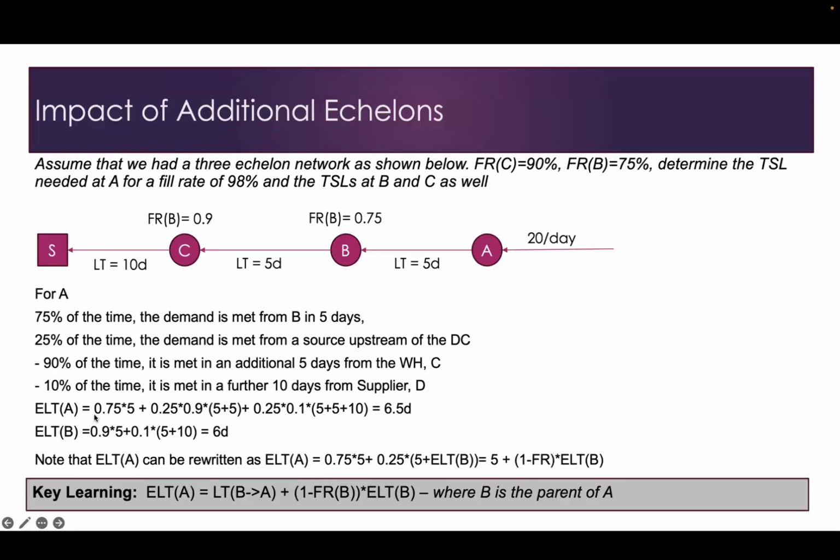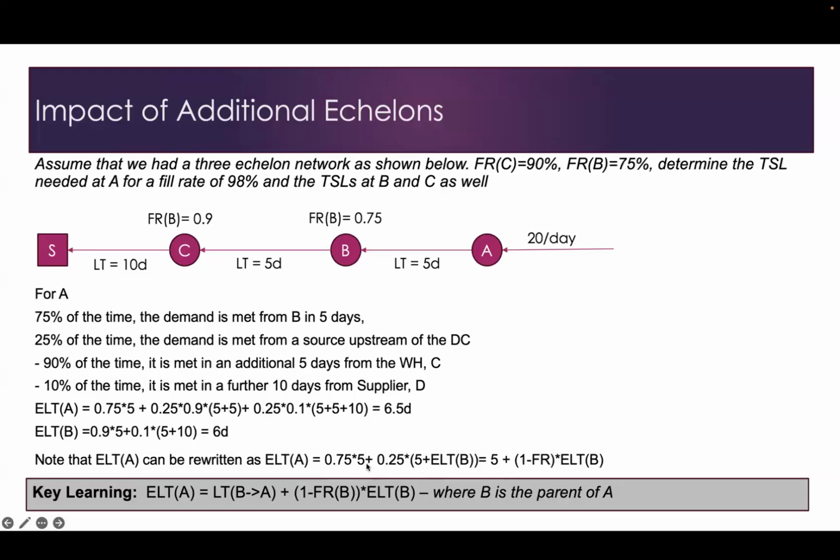So if you look at this EA, I can actually rewrite EA as 5, which is the lead time from here to here, plus 1 minus fill rate of B, times effective lead time of B. So look here, see what I'm getting. I'm just rewriting this.